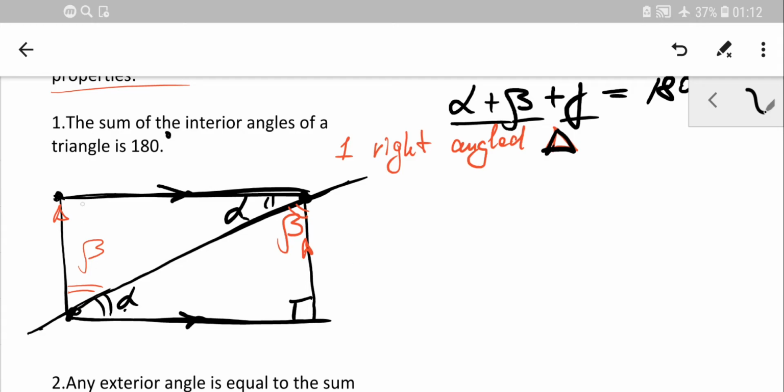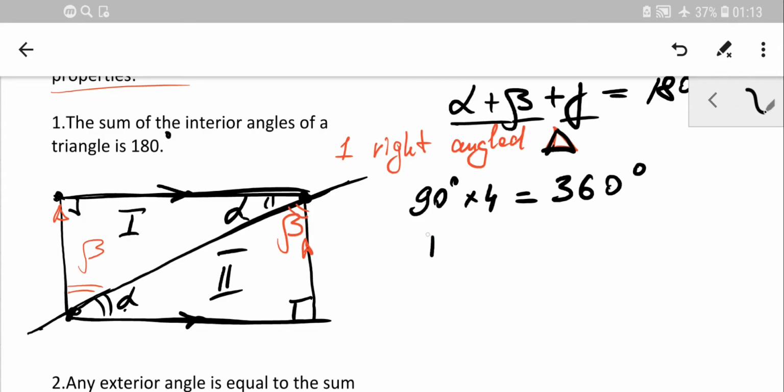What do we need to figure out? We know that for a rectangle all four angles are 90 degrees, times 4, which is 360 degrees. So that means that the first triangle and the second have equal amounts of alphas, betas, and 90 degrees.